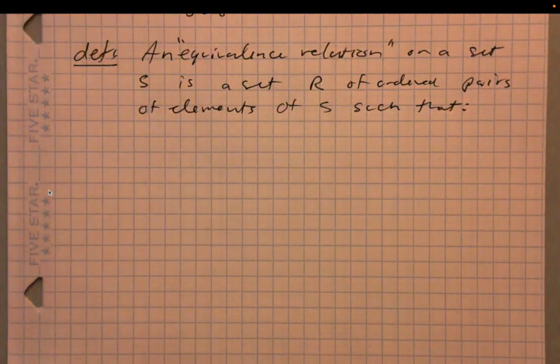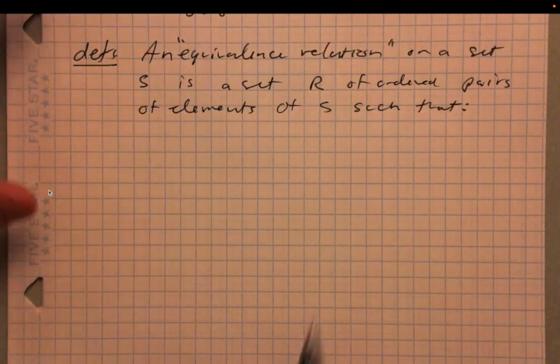Well, an equivalence relation on a set S, we're going to think of it as a set of ordered pairs, and the name of the set we're going to call R. Okay, R for relation, right? So an equivalence relation on a set S is a set of ordered pairs. Now the ordered pairs have to have certain qualities, though. And so what are those qualities?